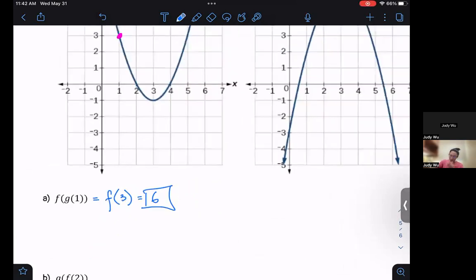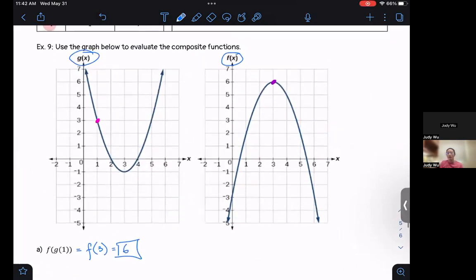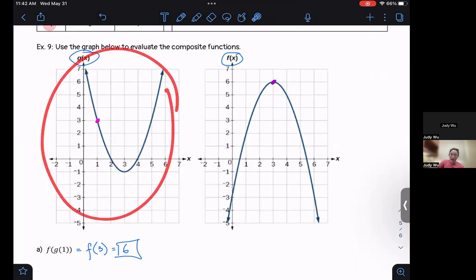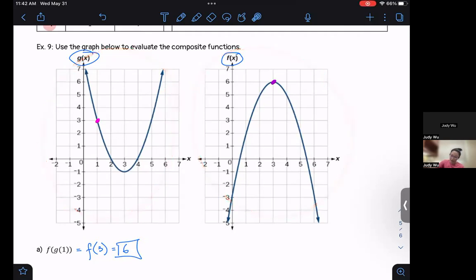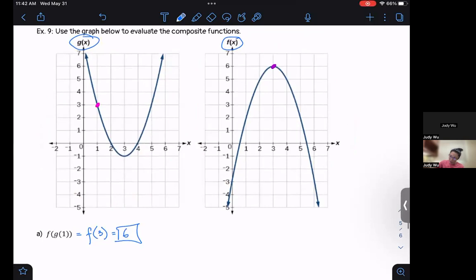You see how we had to bounce back and forth between the two graphs? We had to use the first graph to find the first output, and then we took that output as the input for the second graph. All right, let's try one more question like that.